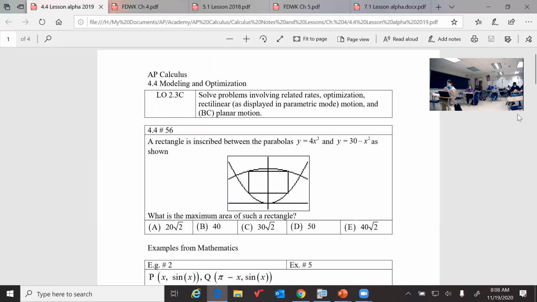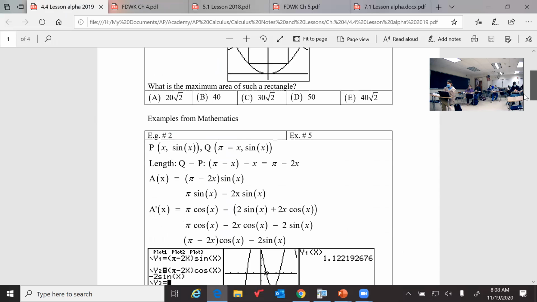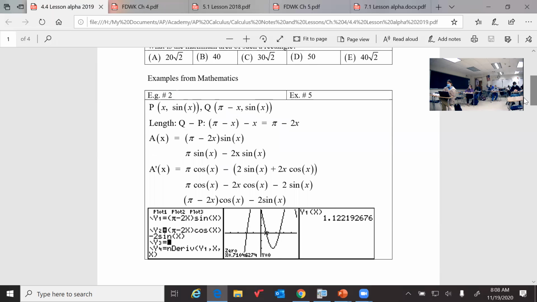Except there's a problem here, because look what I did. I said P is x to the right, sine x. Okay, that's good. And I said Q is x take away pi, sine x. The y values.